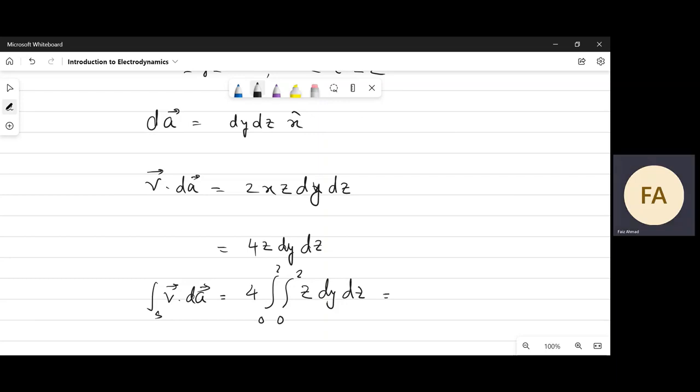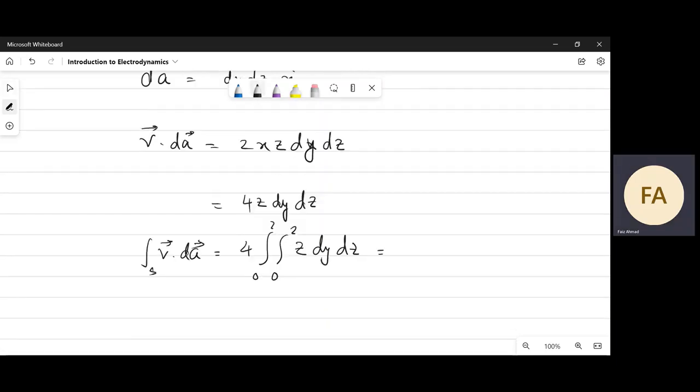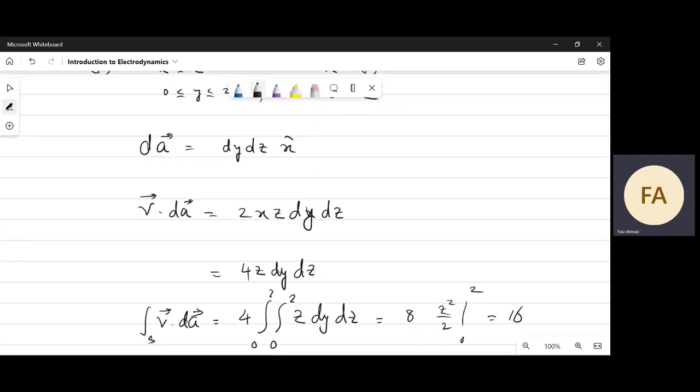So y is constant, so it turned out to be 2, integration of 1 on y, and 4z multiplies to 8 z squared divided by 2. Limits are from 0 to 2, and 4 times 4 is 16. So we did the first face, which is 1.